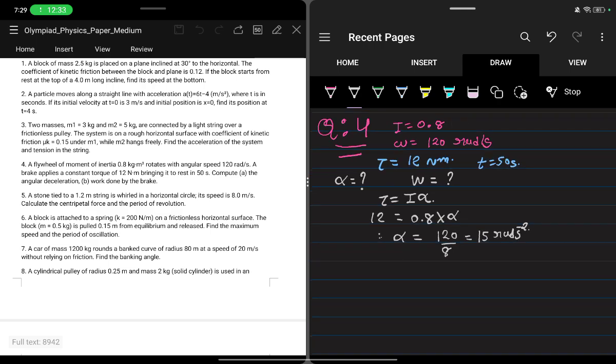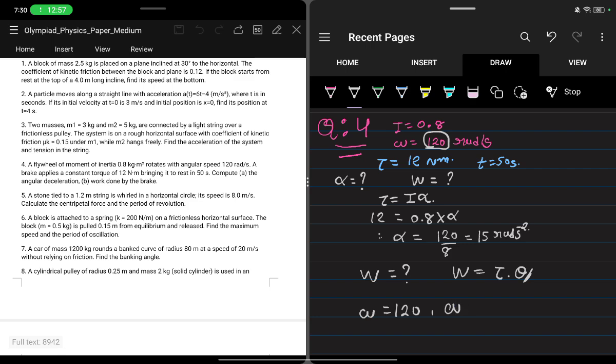Now work done. We need to find the work done. So work done due to torque is tau d theta, or tau theta. Tau is torque. We need to find angular displacement, right? Omega is given, that is 120.